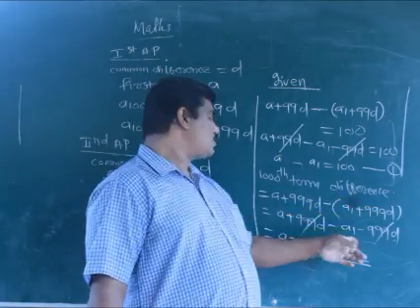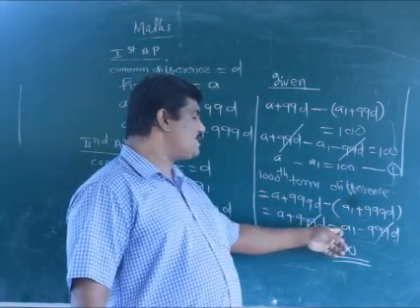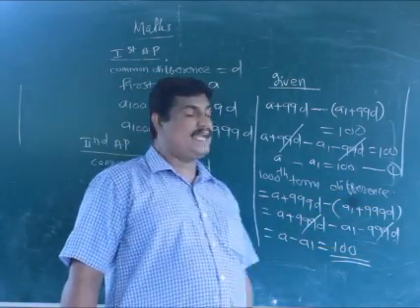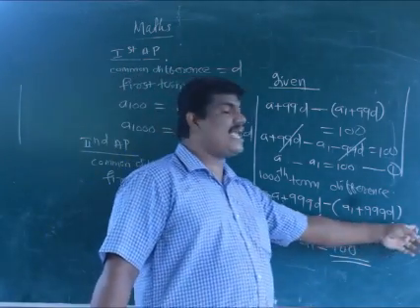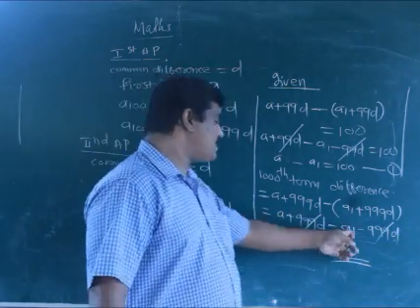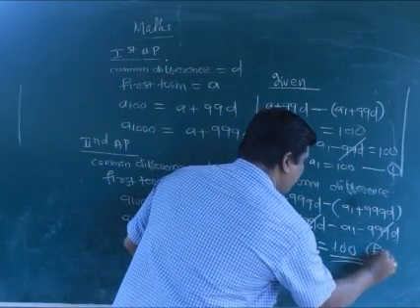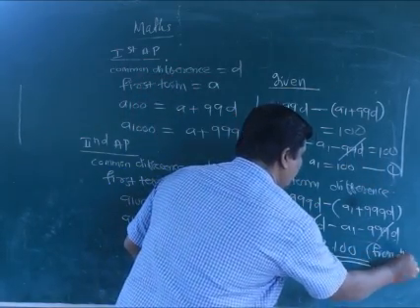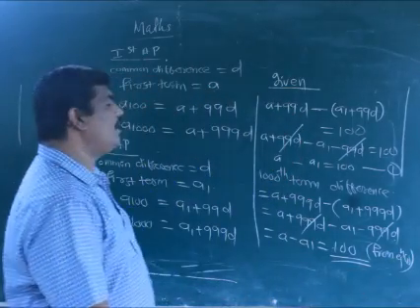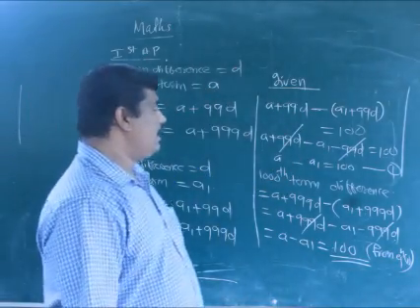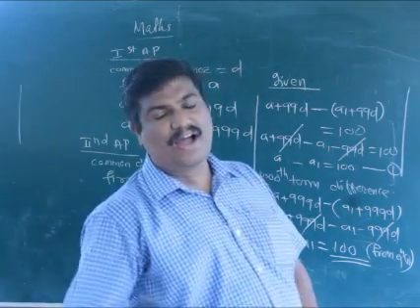Open the bracket; plus 999D and minus 999D cancel. The balance is A minus A1. What is the result? 100, from equation 1. Last, you write down that the difference of the 1000th terms is equal to 100.